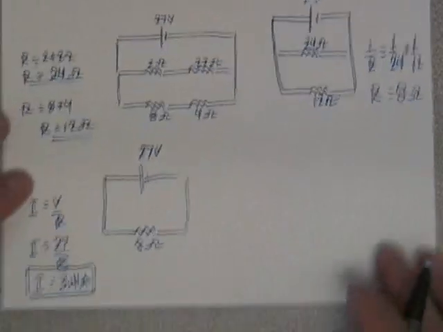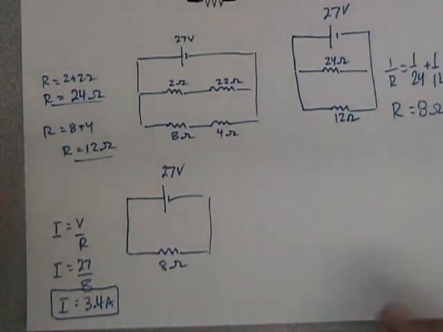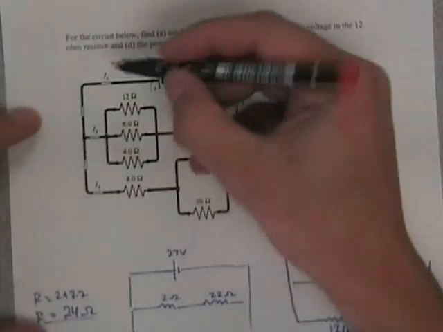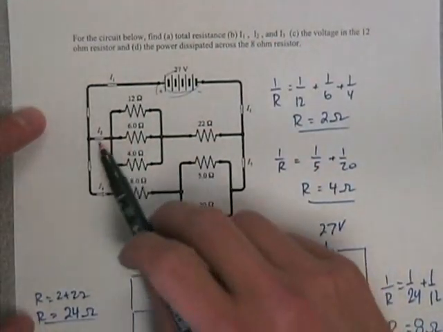Let's see. I'm not even sure if that's one of the things we're supposed to find. We're supposed to find I1, I2, and I3. Well, let's see here. I1 is here, I2 is there, and I3 is there.